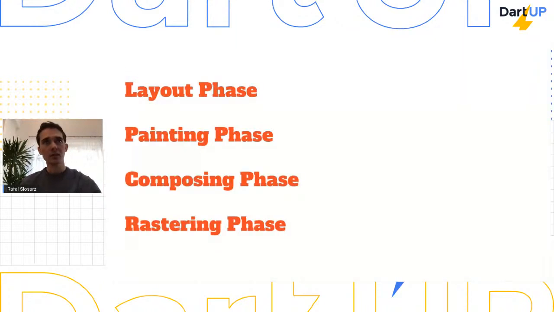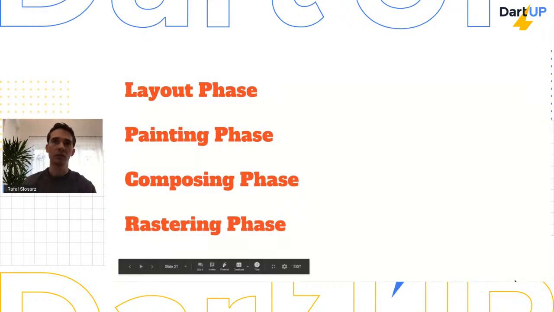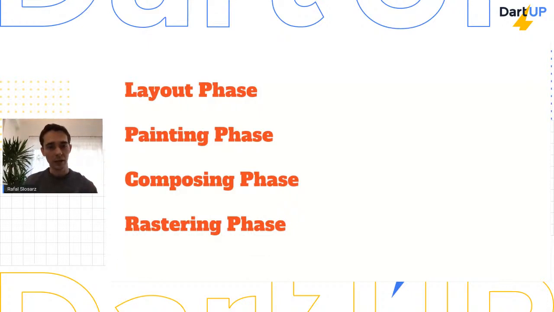Whenever Flutter is trying to render something on the screen, the rendering process consists of 4 phases: layout, painting, composing, and rastering. But in scrolling, the most important part for us is laying down the position of the element and of course its size. So for the scrolling part, I would like to focus only on the layout phase.